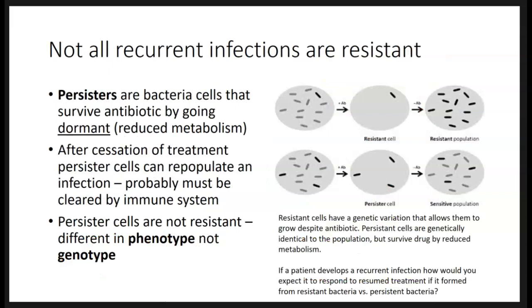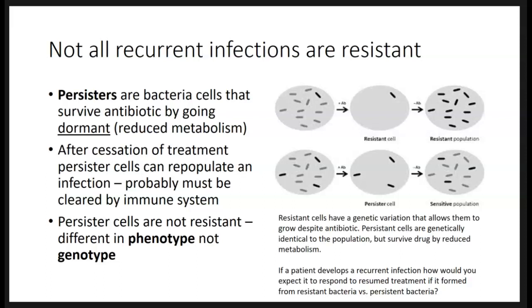So in CF patients, we see that even though antibiotics temporarily get rid of the infection, those infectious bacteria then repopulate because not all are killed by the antibiotic. So this is a reinfection by resistant bacteria.